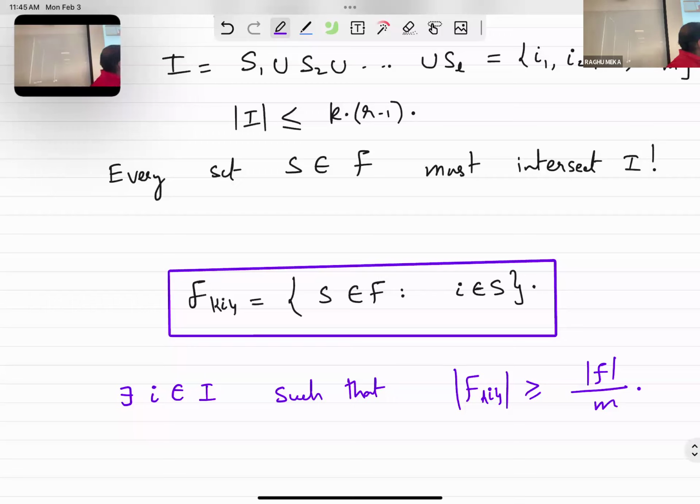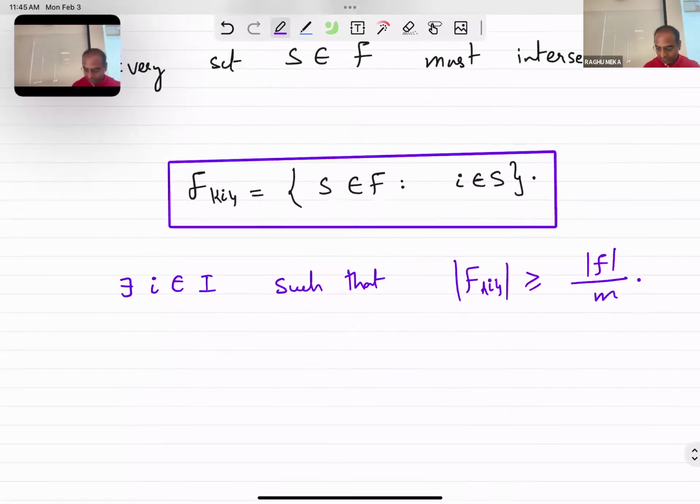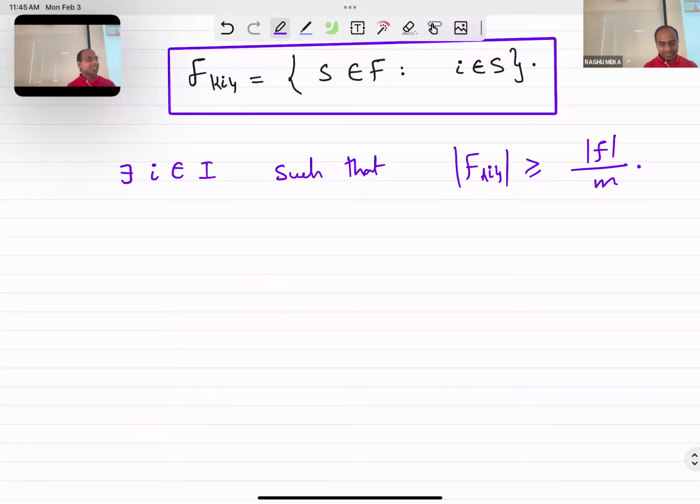Every set must hit one of those things, and there are capital F many sets. So on average, one of them should have capital F over M intersections. And this is where we gain something.